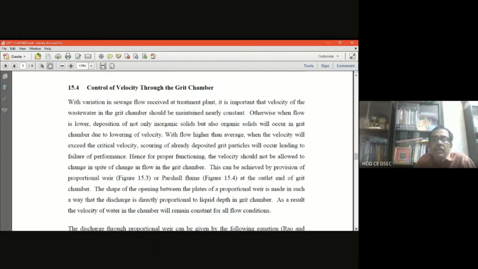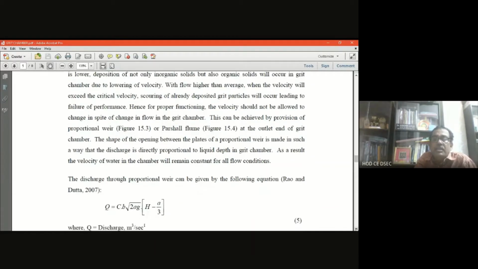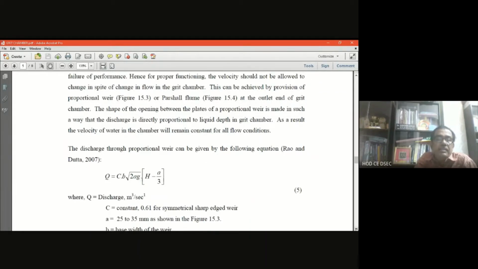So the velocity should not be allowed to change, and it can be achieved, as I showed you in the figure, by provision of a proportional weir or a partial flume, which I will also show in another figure, at the outlet end of the grit chamber. The shape of the opening between the plates of a proportional weir is made in such a way that the discharge is directly proportional to the liquid depth in the grit chamber. As a result, the velocity of water in the chamber will remain constant for all flow conditions.